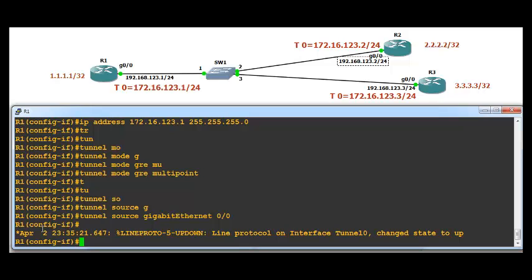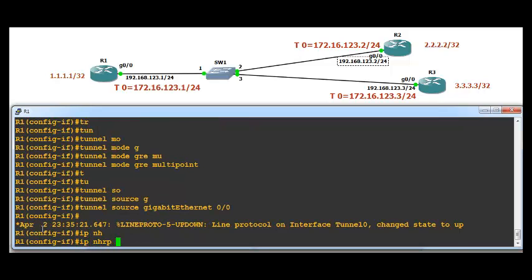Next, there is another command. These are 3 new commands that you are going to learn now. You understood IP address, you understood why we need the mode GRE multipoint, and you understood why the interface. Now the next is very important, which is IP NHRP, next hop resolution protocol. This is the protocol that makes DMVPN resolve the next hops.